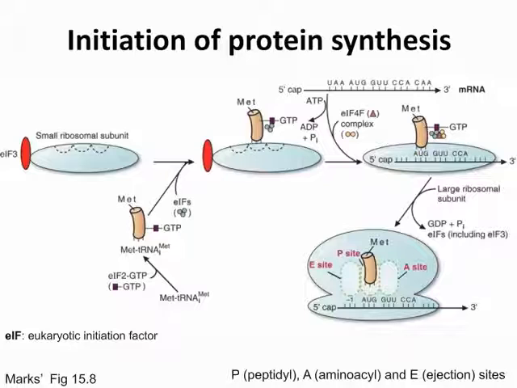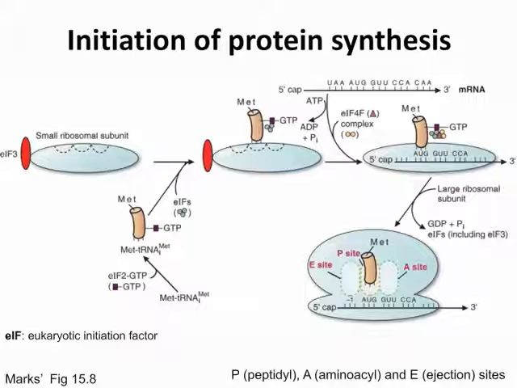On the other side, on your mRNA, we have the 5' cap, and it's going to form this cap binding complex with EIF4, and it's going to do that by hydrolysis. So once that 5' cap binds with the EIF4 through hydrolysis, it's going to combine with that other complex we made earlier.